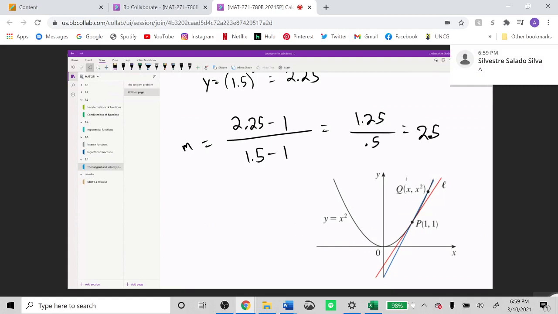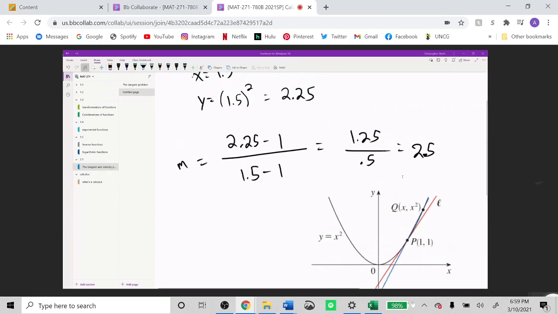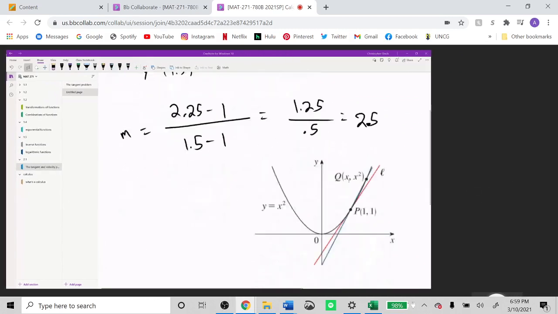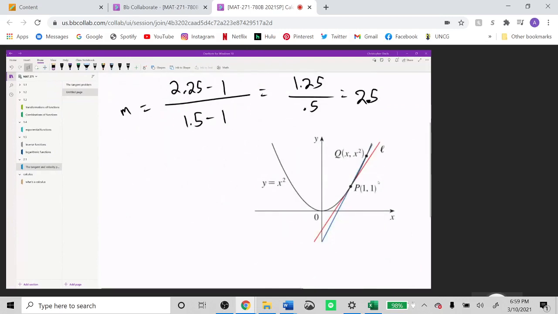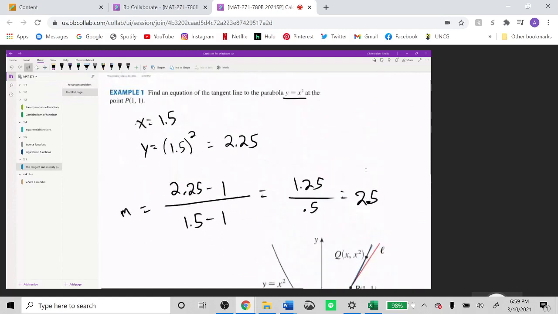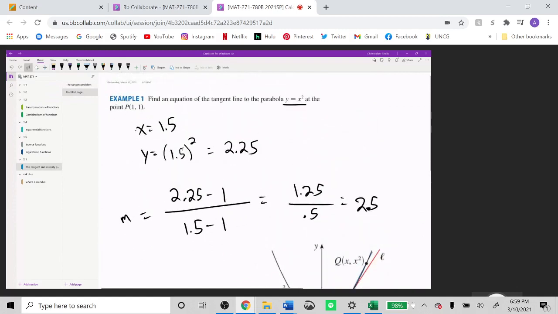I could have done 1.1. Yeah, good idea. So we're saying, let's try an x value of 1.1 because the x value 1.1 is closer to an x value of 1. Okay, I like that idea.